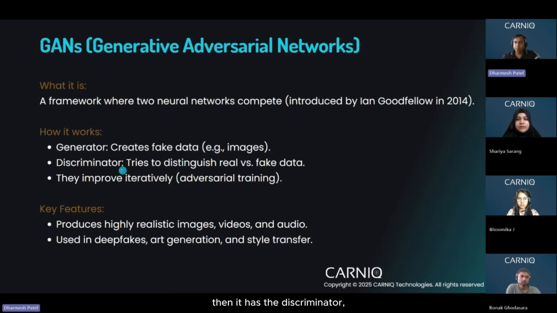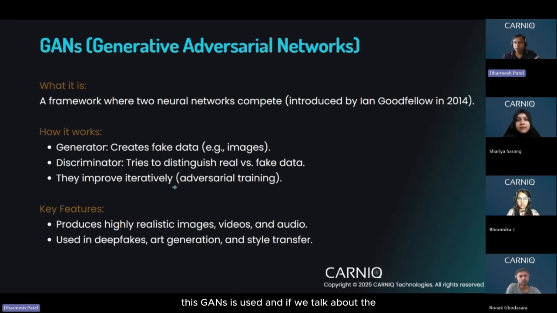Then there is the discriminator, which tries to distinguish the real from the fake data. And third, it tries to improve iteratively. With a huge amount of data, out of the two neural networks, one is generating and one is monitoring, and it will try to improve the neural network. That's where GANs are used.